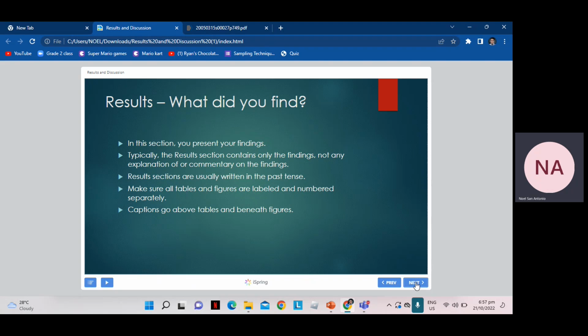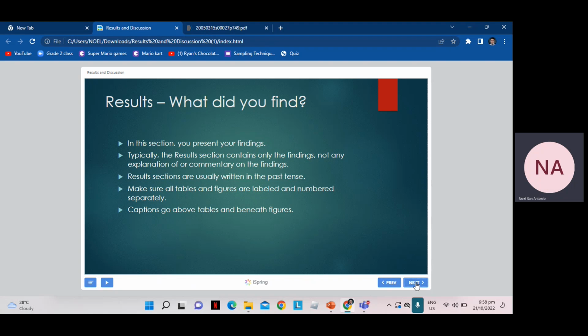So typically, in the IMRaD format, the results section contains only the findings. Nandun lang yung findings mo, yung mga tables mo, and not any explanation or commentary on the findings. Because explanation and commentary will be done in the discussion section.